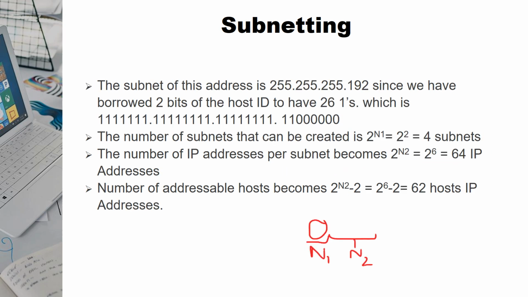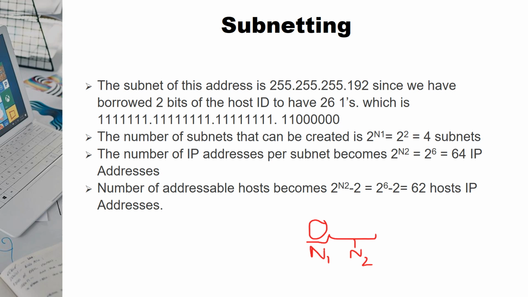So let's look at this example. The subnet mask of this address is 255.255.255.192, since we have borrowed 2 bits of the host ID to have 26 ones. The first octet has 8 ones, the second octet has 8 ones, the third octet has 8 ones, and the last one has 2 ones.